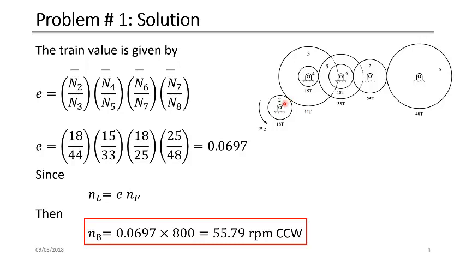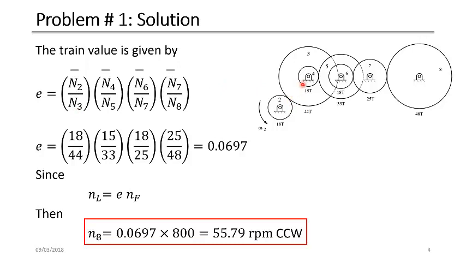In this case, gear number 2 is the driver, gear number 3 is the driven. So we consider this as our first stage. So it's N2 divided by N3. N2 is the number of teeth of the driver gear, which is number 2 in this case. N3 is the number of teeth for the driven gear, N3.